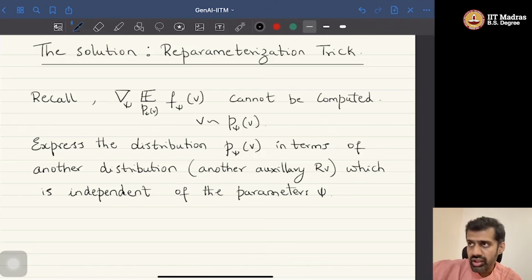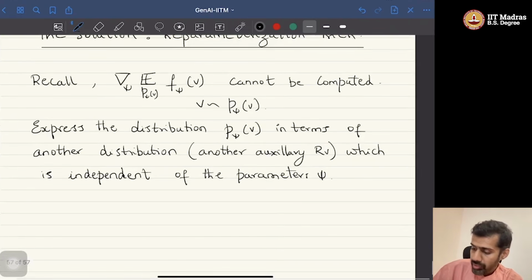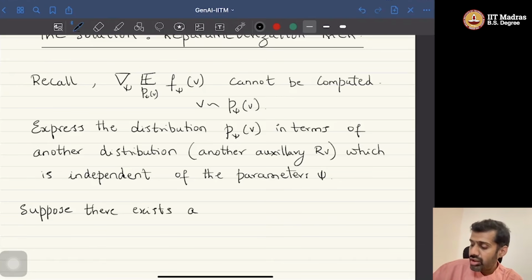Now, how do we do that? Concretely, mathematically, this is how we do this. In English, suppose there exists an auxiliary random variable.